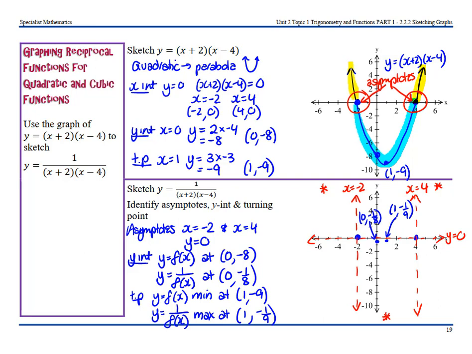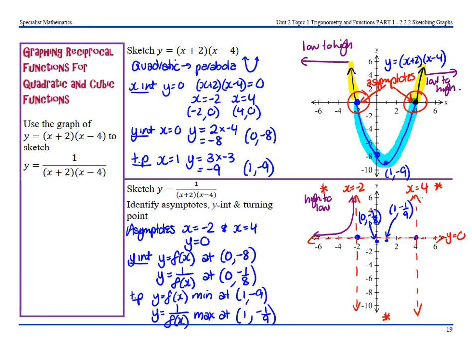From this side, we're going from low to high. So we need to go from high to low, and we're above. From this side, it's low to high.